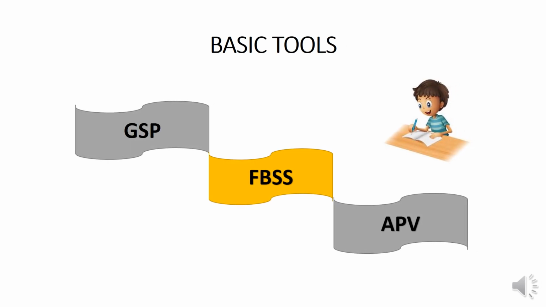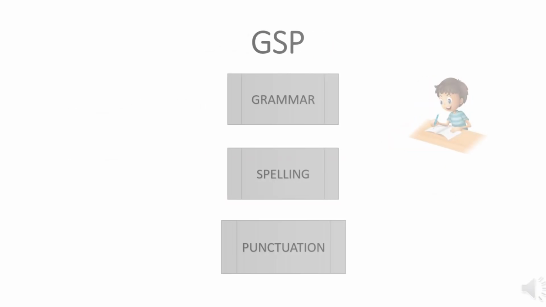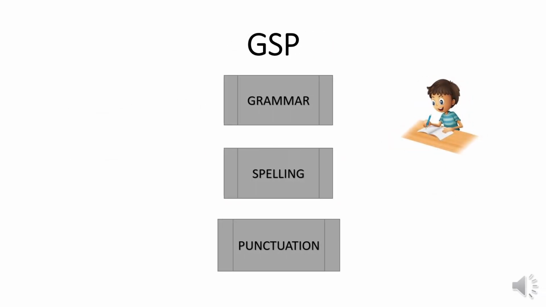What are the basic tools you require when writing for the mass media? I have done some form of abbreviation here for you to be able to remember some of these basic tools, and it's divided into three major categories. So the first one is GSP, and by GSP I mean grammar, spelling, and punctuation.